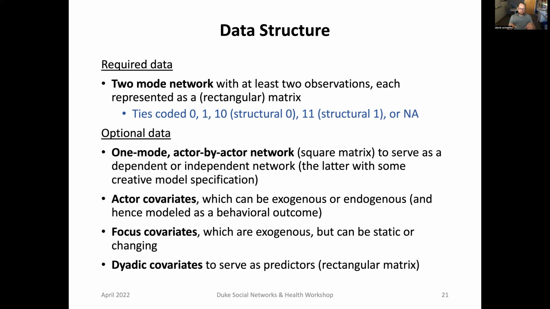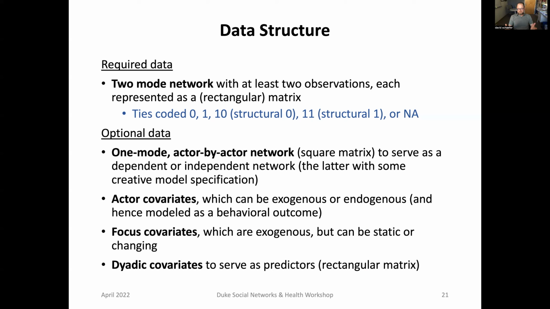The two networks should each be represented as a matrix with actors as rows and foci as columns. And just as with your regular Siena model, each time point should have the same dimensions. So you should have the same actors at each time point and the same foci at each time point.